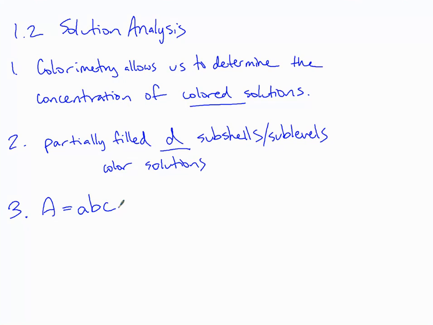I'm going to make a note of that. So the absorbance, capital A, is the molar absorptivity, which is a constant, times b, which is the path length, times c, which is the concentration.